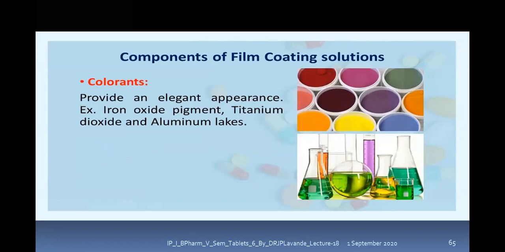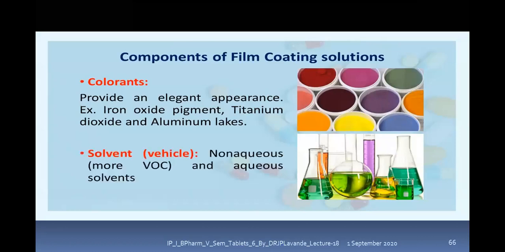What will they do? Colorants provide an elegant appearance. We can choose a variety of colors based on our need. Iron oxide pigment, titanium dioxide, and aluminum lakes are all widely used as coloring materials in film coating solutions.